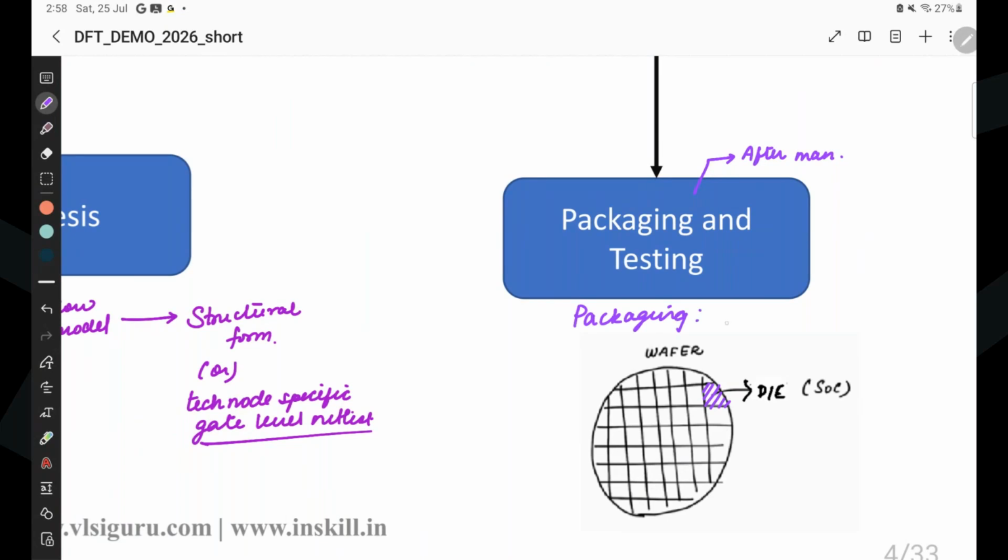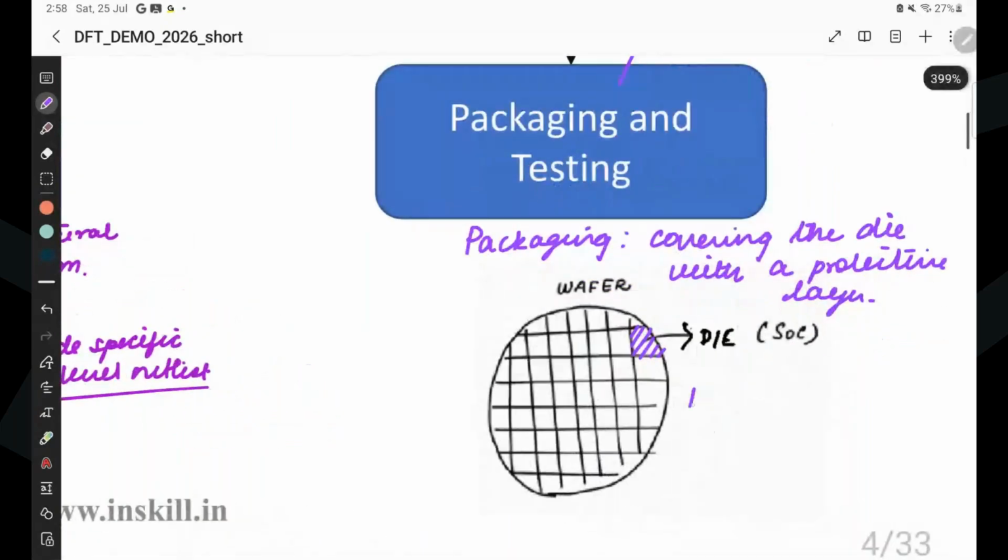So packaging means covering the die with a protective layer. And testing means it is actually to check if our chip is good or not.